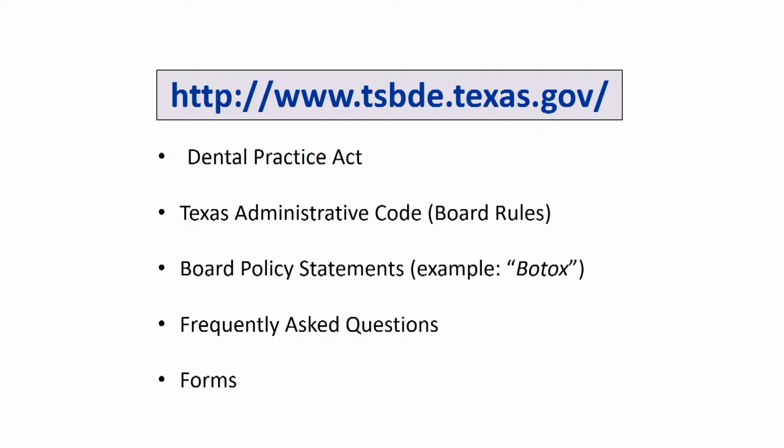You'll also find the Texas Administrative Code provisions for the dental board, wherein you will be able to locate the board rules that we are discussing. You'll also find board policy statements. The best example is the State Board of Dental Examiners policy statement with regard to Botox.